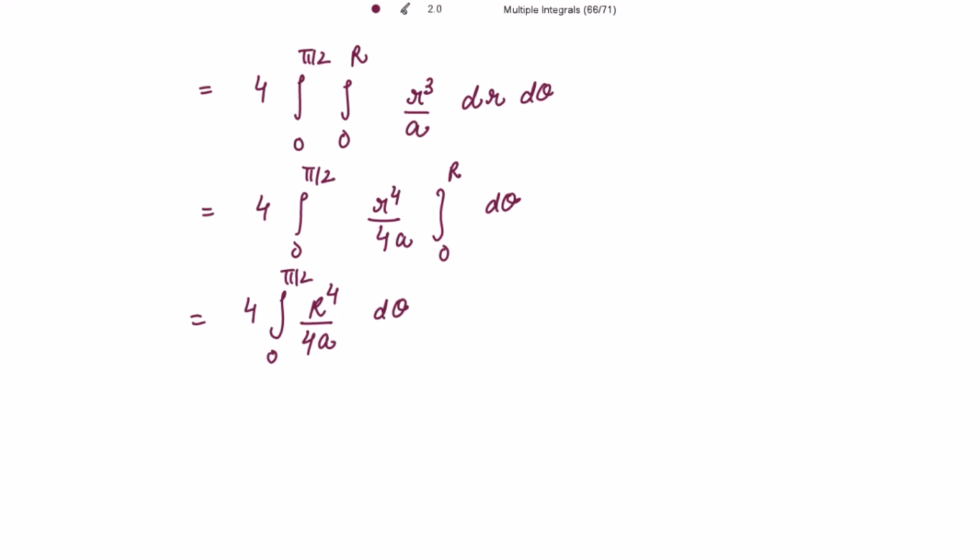And now all these are constants, taking outside, the 4 will cancel out. This is R⁴ over a, and this is theta from 0 to pi by 2, which is equal to R⁴ over a into pi by 2, which is pi R⁴ over 2a.